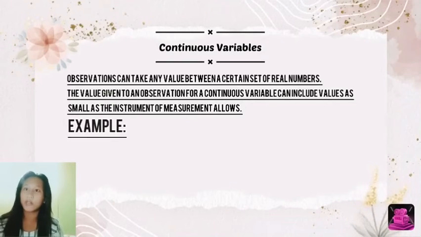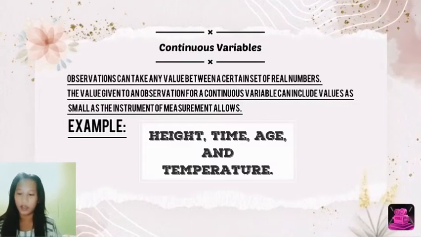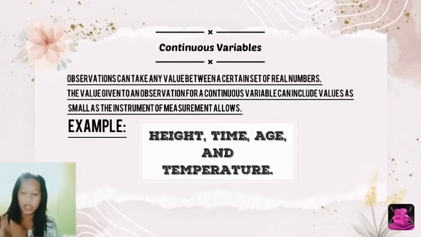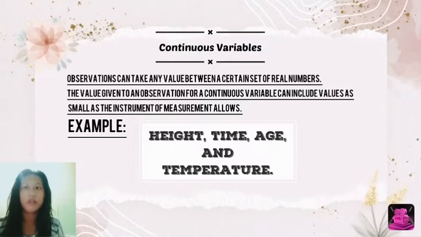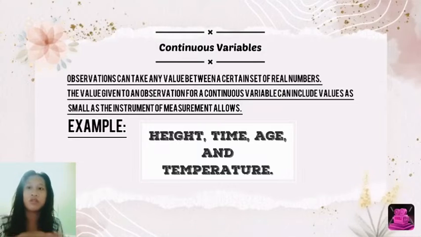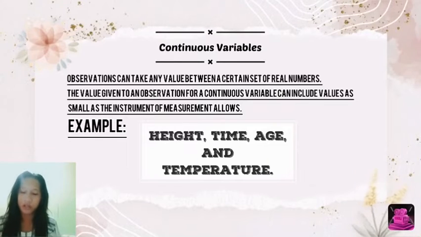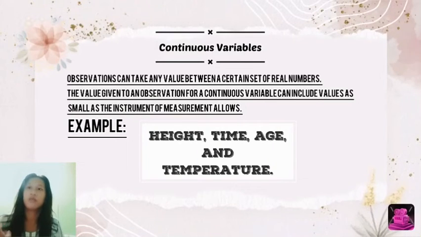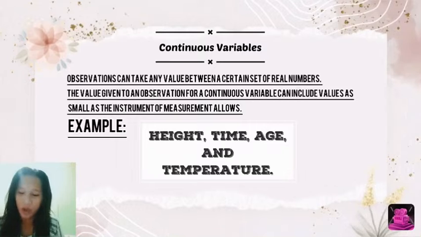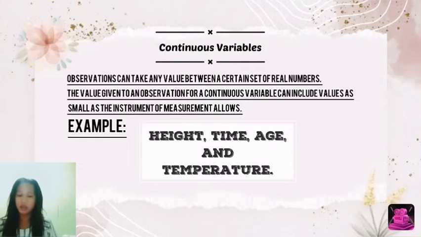So the examples of continuous variables are height, time, age, and temperature. Continuous, from the word continuous, means padayon, or ongoing. So continuous variables use an instrument to define the exact measurement. The examples include height, time, age, and temperature.